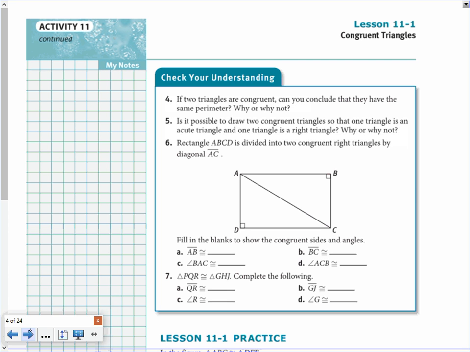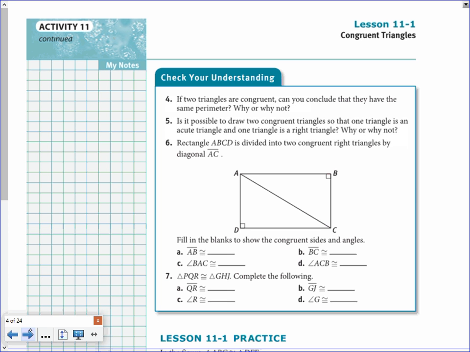For number 5, is it possible to draw two congruent triangles so that one triangle is an acute triangle and one triangle is a right triangle? Why or why not? No. And the reasoning, congruent triangles are going to have the same angle measures.